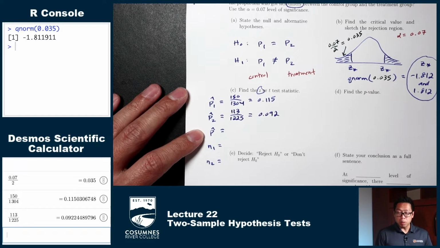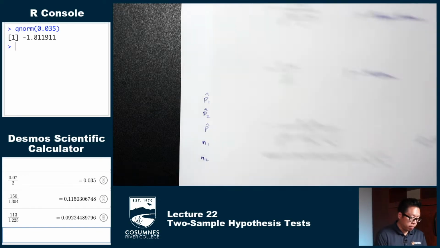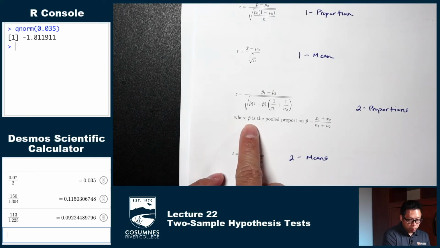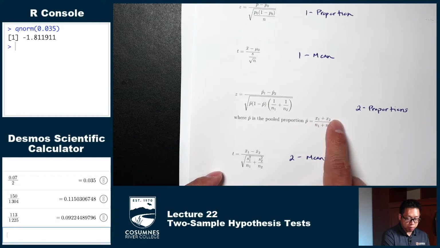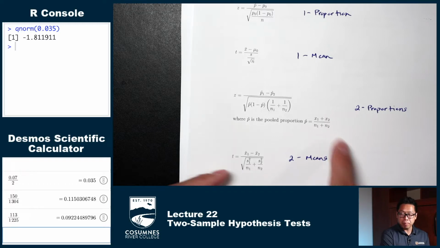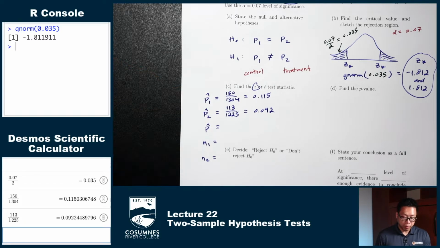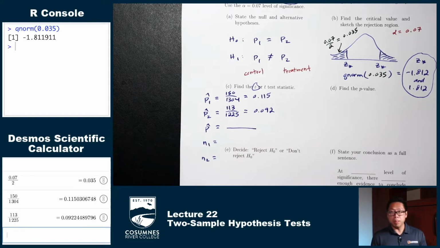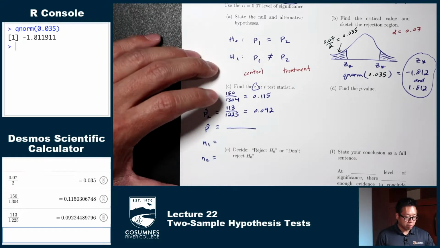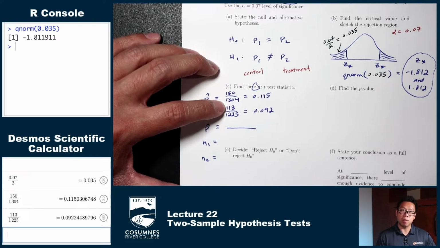P hat, no numbers. What is P hat, no numbers? If we look back at the formula sheet, it says P hat, no numbers, is the pooled proportion. P hat equals x1 plus x2 on top, n1 plus n2 on the bottom. So P hat, no numbers, means just combine those two groups together. So on top, how many people total got sick? That's going to be 150 from the control group plus 113 from the treatment group.